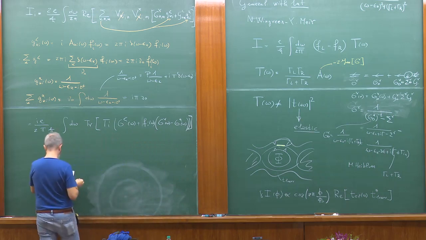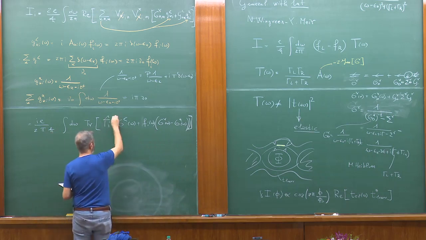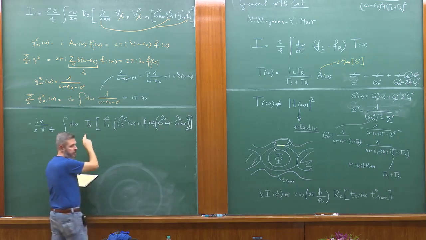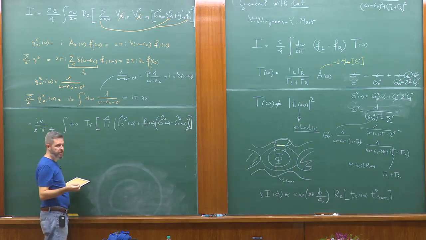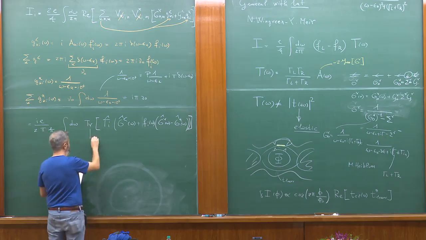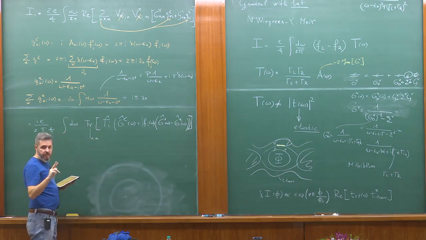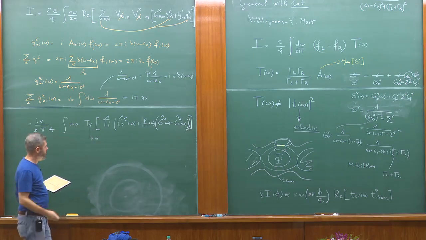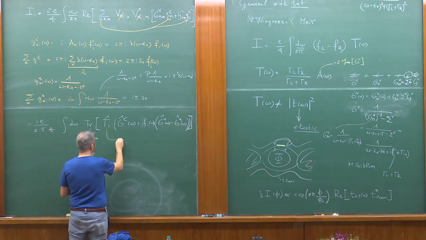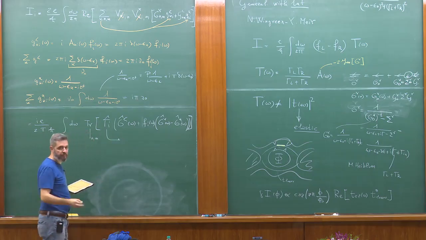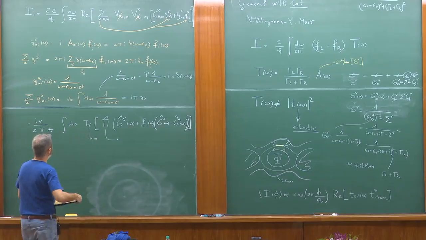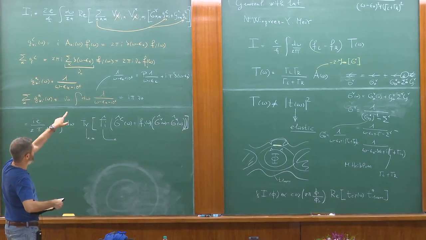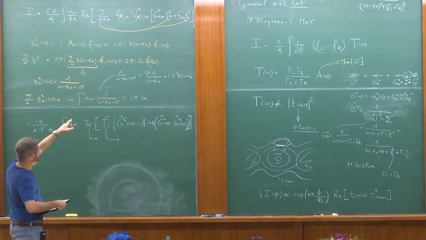So what is this expression? First of all, these guys are matrices. So when I write trace here, I mean trace in the matrix space in which the indices are n and m, the indices of the levels in my scattering region. Now, this gamma is the generalization of the gamma that I wrote yesterday. You see that there I have V i n, V i m times G n m, right?